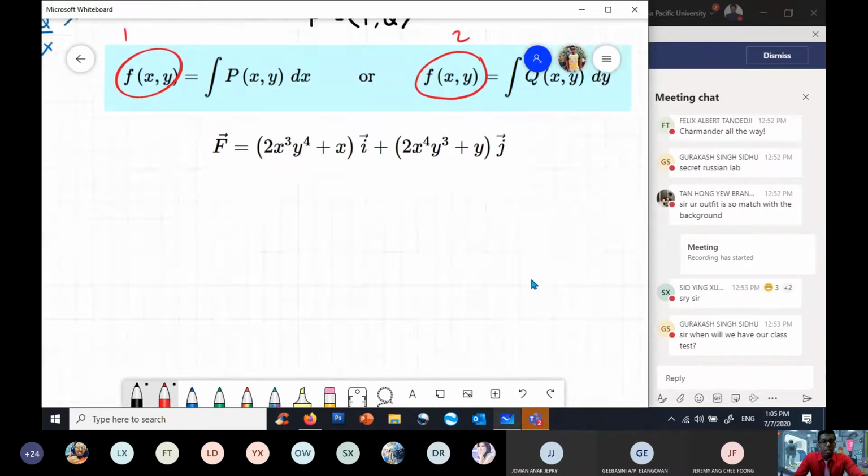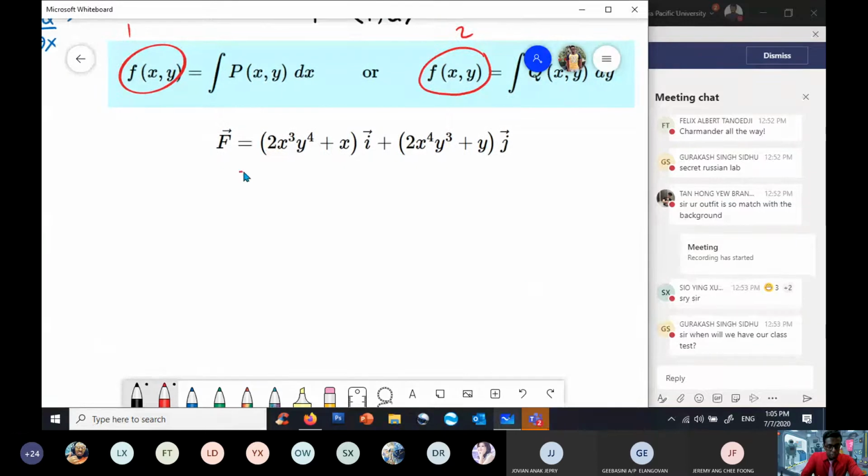Okay. Now, first thing first, let me rewrite my vector function in this form. 2x cubed y4 plus x and 2x4 y cubed plus y. Okay, the easiest way I can put this is like this.